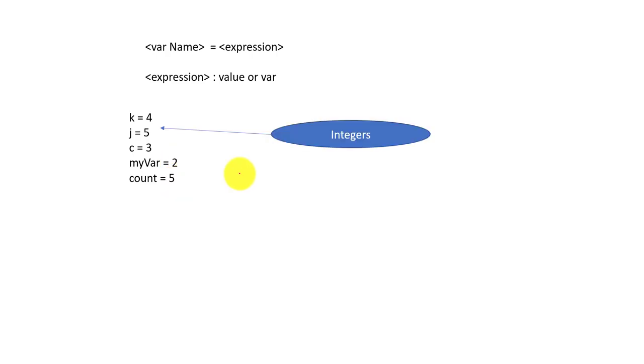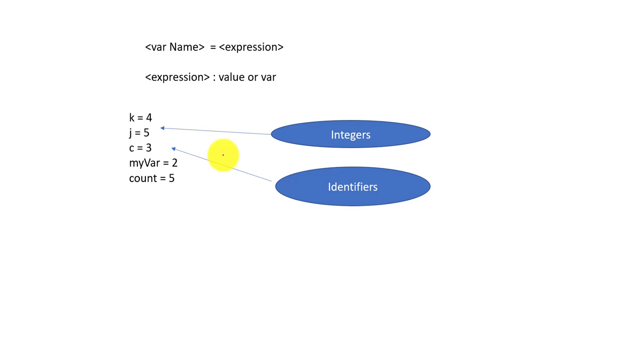Secondly, in all these examples, we are assigning an integer value to the variable. So these all are integer variables. And more specifically, these variables are known as identifiers.